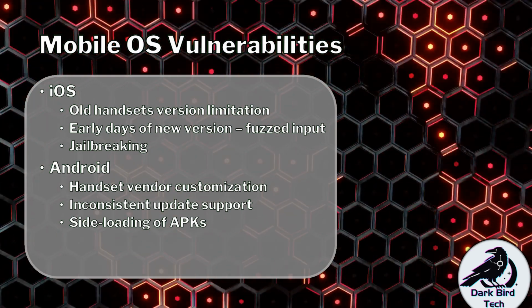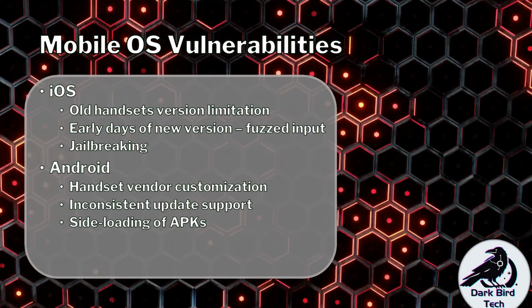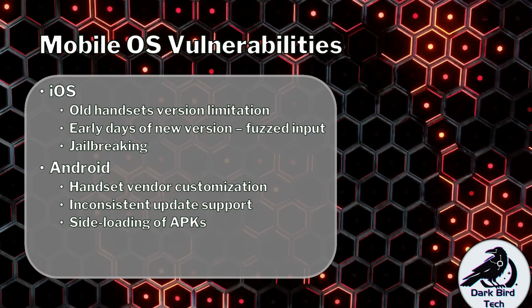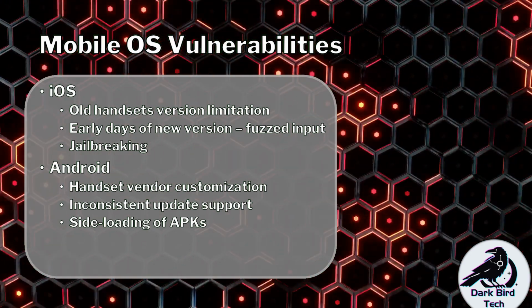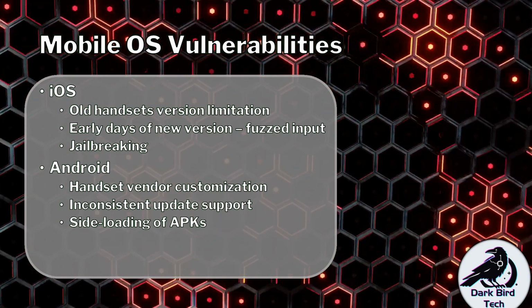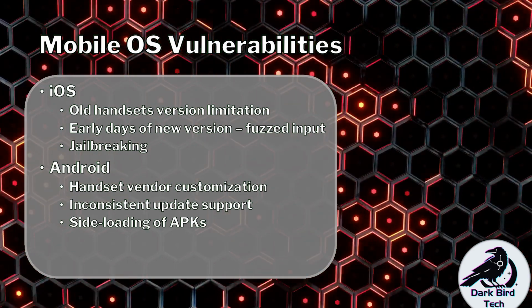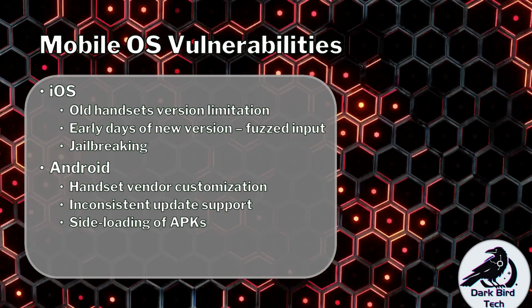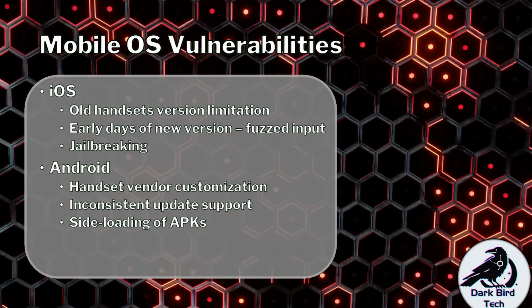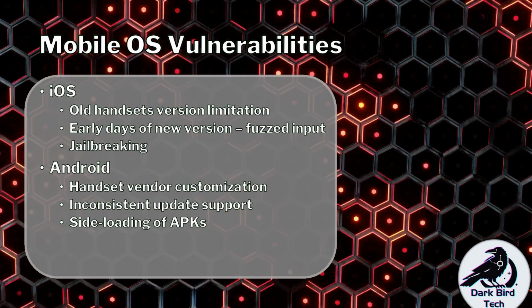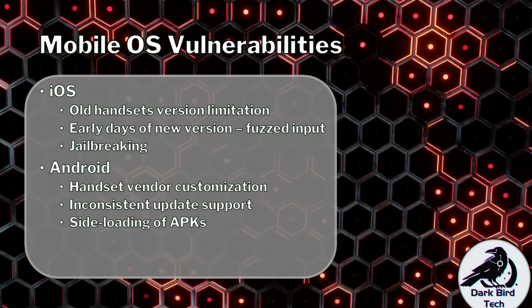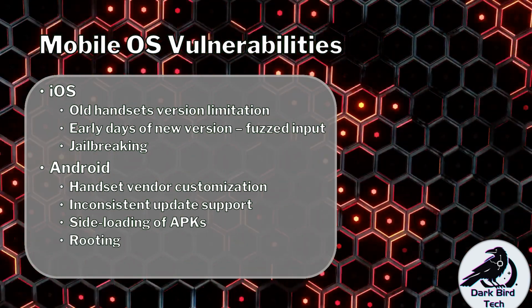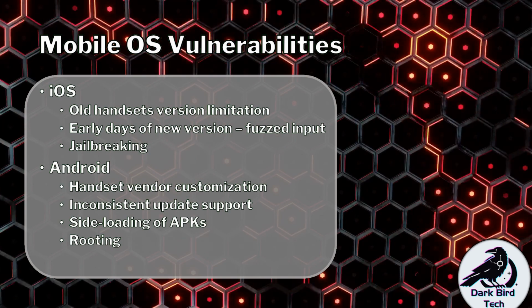Now, you can use something called a Mobile Device Manager, or an MDM, which is kind of like Active Directory, but for smartphones and tablets. It can deploy policies onto smartphones, tablets, and similar kinds of mobile computing devices. And one of the policies you could set would be preventing users from enabling the ability to install apps outside of the App Store. But what's crazy about the sideloading of APKs on Android is that oftentimes you don't need to root the device to do it.